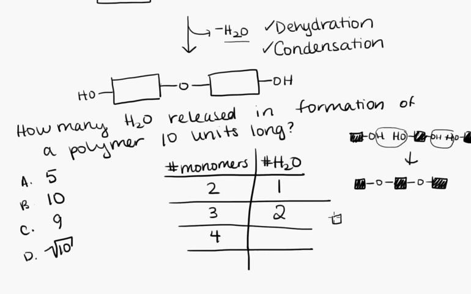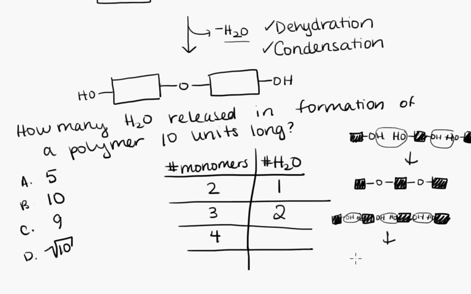Okay, so now let's do 4. 1, 2, 3, and 4. OH, HO, OH, HO, OH, HO, and so on and so forth. So here we have 1, and again, it doesn't matter which oxygen is left as far as we're concerned. 1, 2, 3.